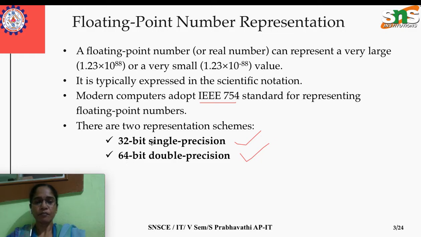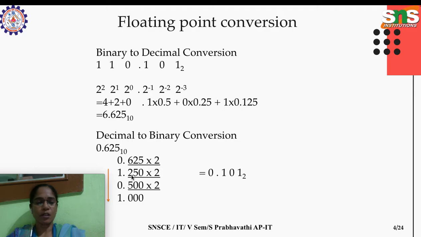The difference is that in double precision the range of values that can be expressed is very high compared to single precision. 32-bit means the register utilizes 32 bits in size, and 64-bit means the floating point will be represented with a range of 64 bits. We are going to see both in detail in today's topic.